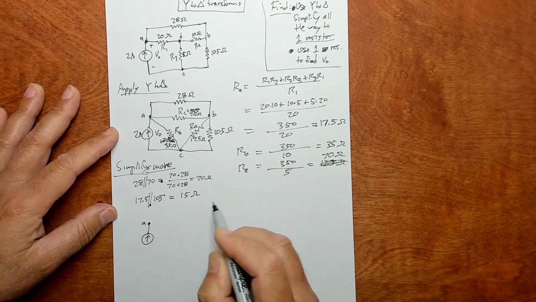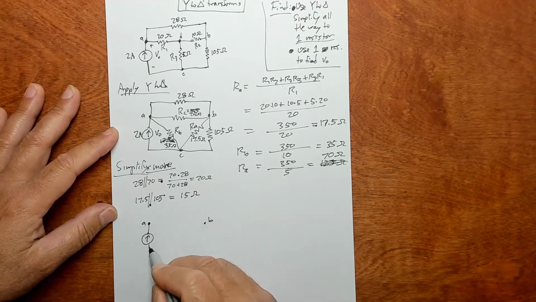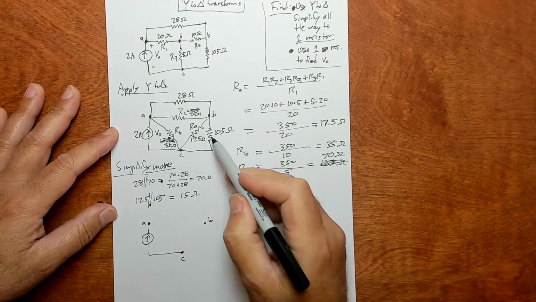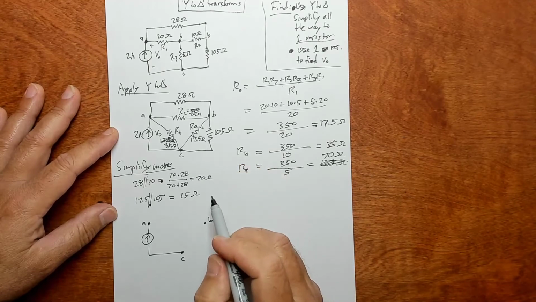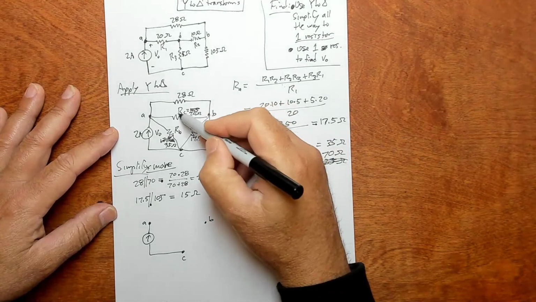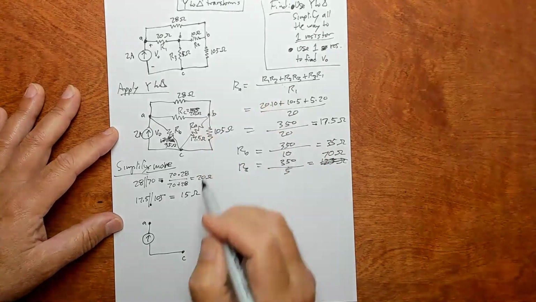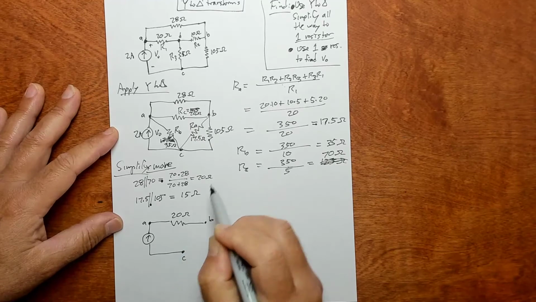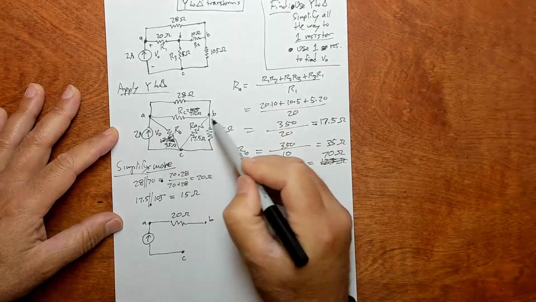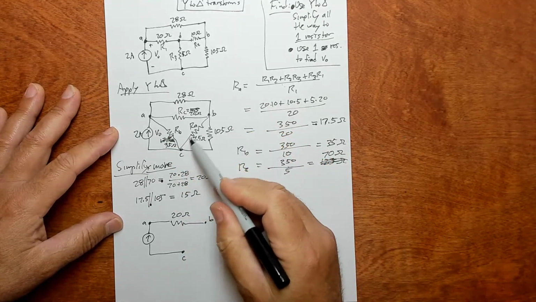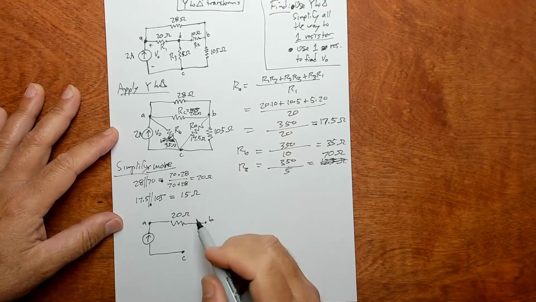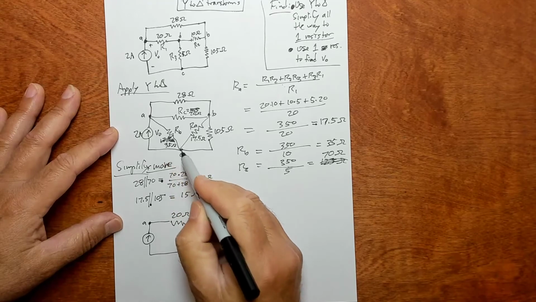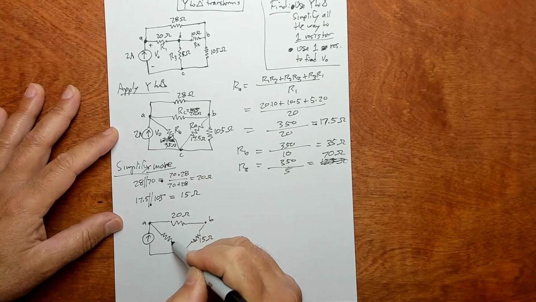So A stayed there, B was over here, C was over here, and these two guys we replaced with a 20 ohm. These are the two guys between A and B. And the two guys between B and C we replaced with a 15 ohm, so that's over here. And the 35 guy was just hanging out watching what's going on.